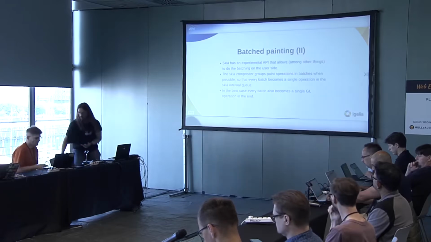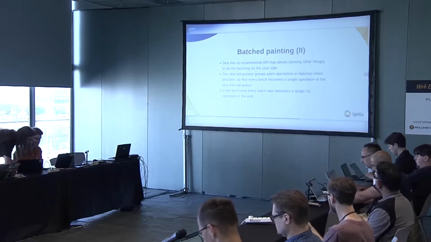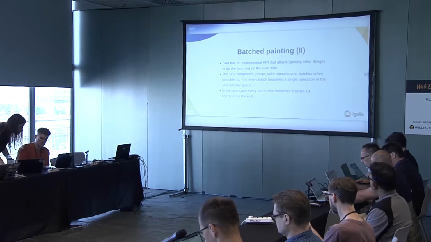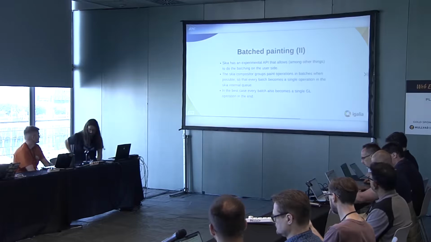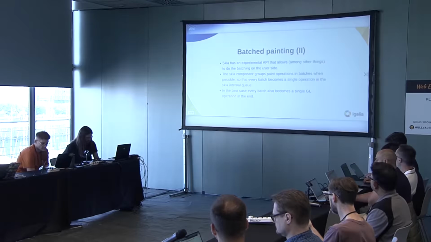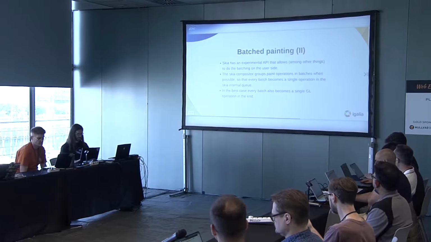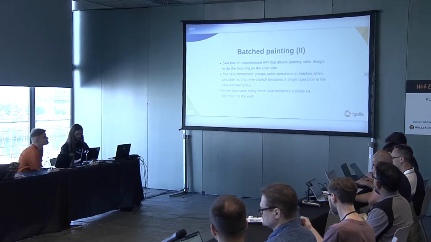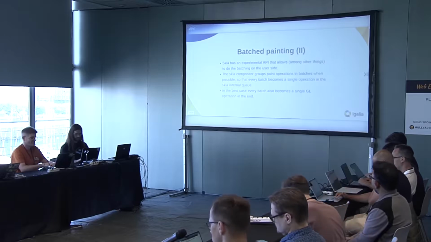So this means that for these specific cases in which we have a lot of small layers, we can group them when the painting is compatible. If they are using different filters or things like that, it's not possible. But assuming some conditions, we can still group many operations for the same layers or for different layers. And then every time we need to flush this batch, we emit a single draw operation to Skia.